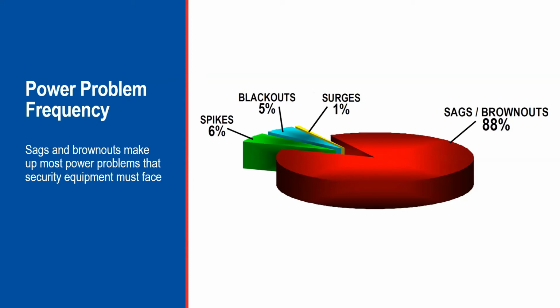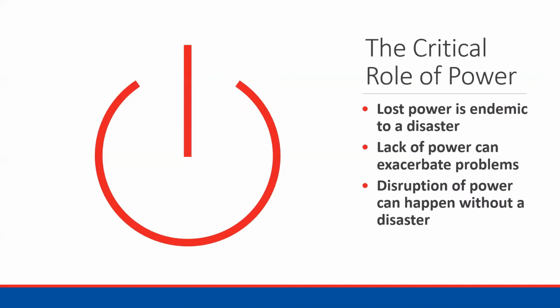It's important to understand that although we are aware of the power problems, the U.S. still sees an exorbitant amount of power issues, and they are attached to a very heavy price tag when those power issues do happen. So, by addressing the potential common problems with power, it becomes clear the critical role power plays in day-to-day life.